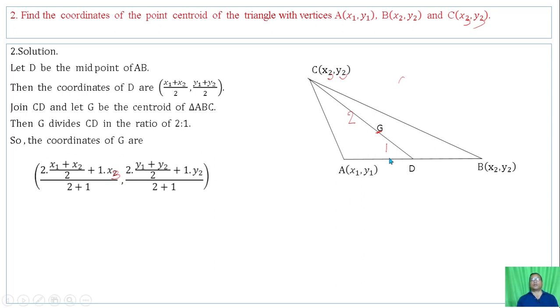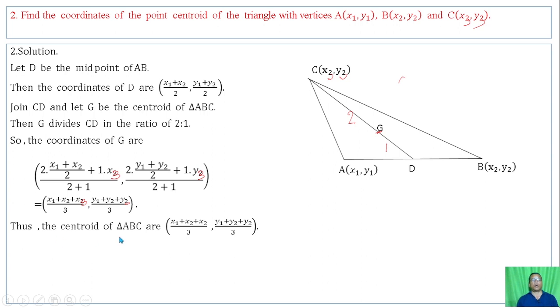Next, y coordinate, 2 into the y coordinate of D, that is (y1 plus y2) by 2, plus 1 into the y coordinate of point C, that is y3, whole divided by 2 plus 1. Summing up, we get (x1 plus x2 plus x3) divided by 3, and for y, (y1 plus y2 plus y3) divided by 3. Thus, this is the centroid of triangle ABC.